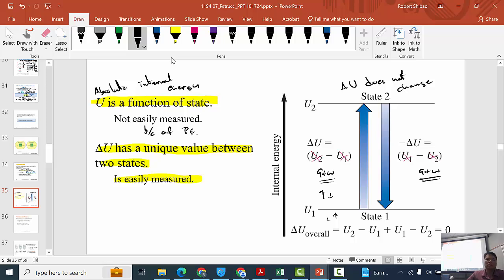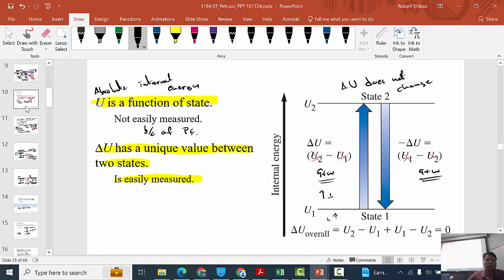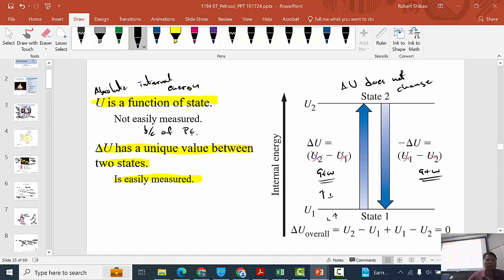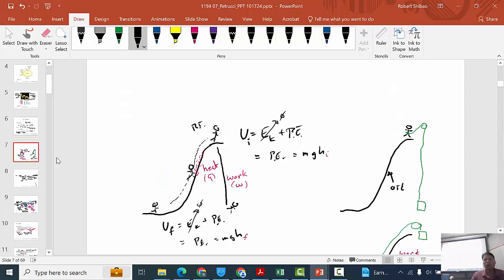And so if we go back to the slide that I'd shown earlier, here, the amount of heat depends on how you do the drop. The gravitational potential energy in this earlier slide doesn't change.